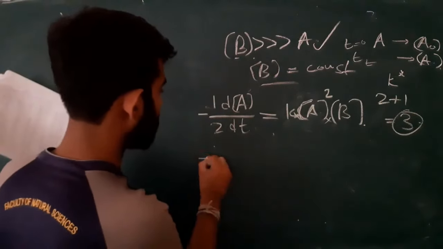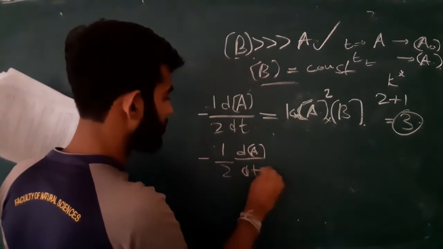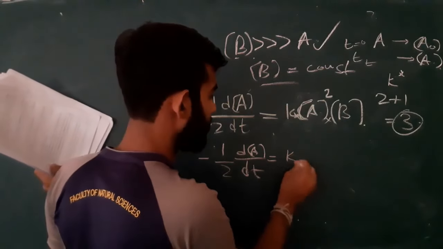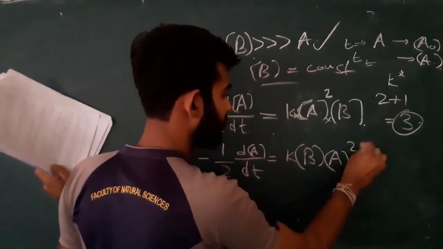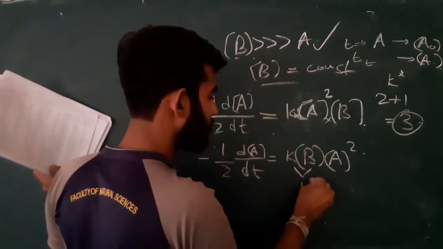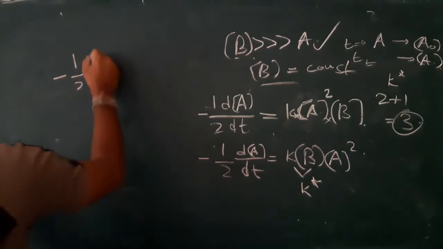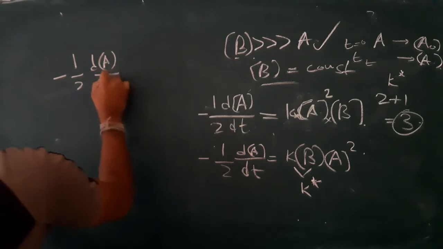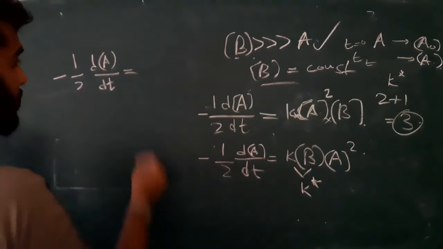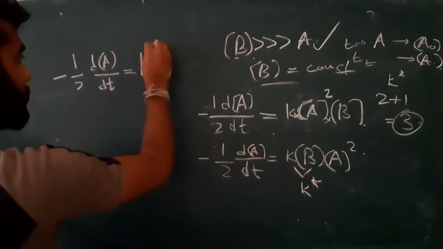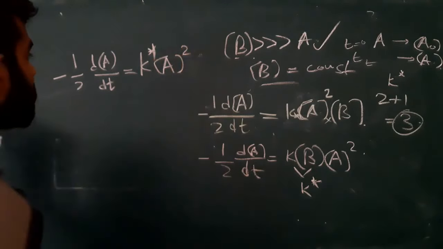Okay, now minus 1 over 2 dA over dt is equal to k, B is now high, A squared. This will be the pseudo rate constant, so minus half dA over dt equals k star A squared.